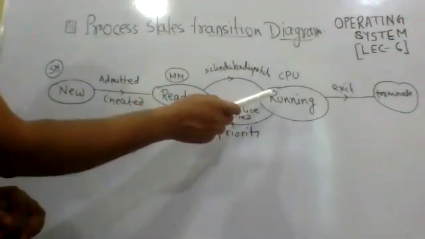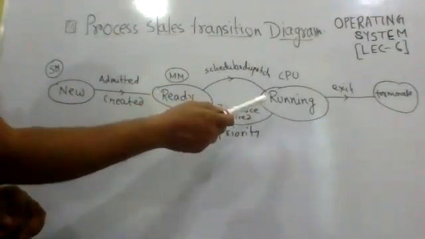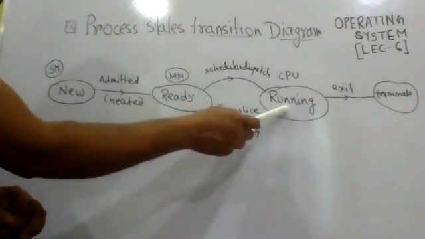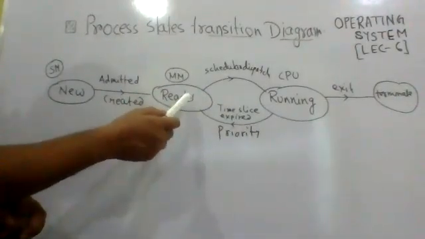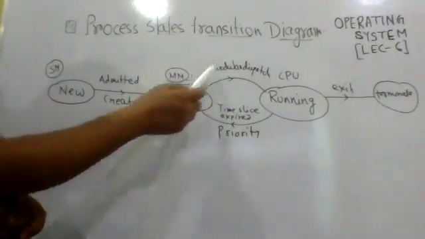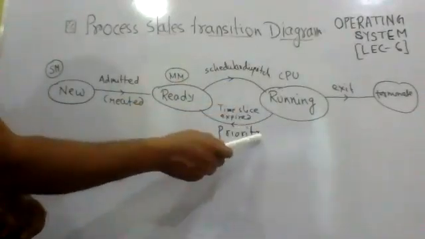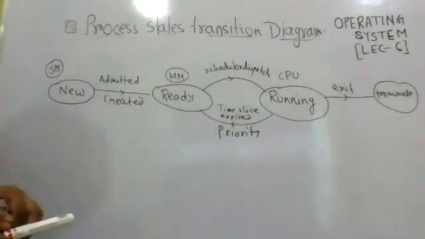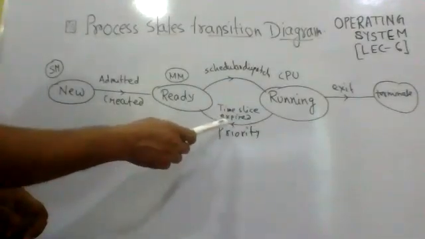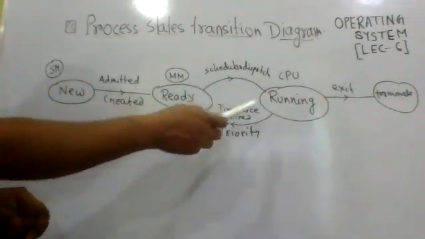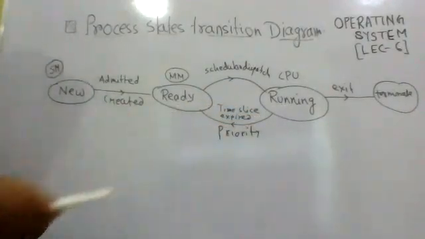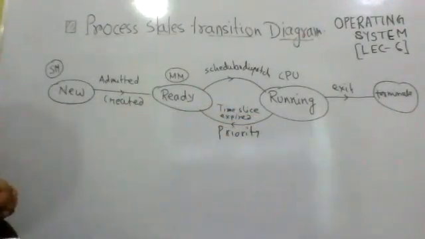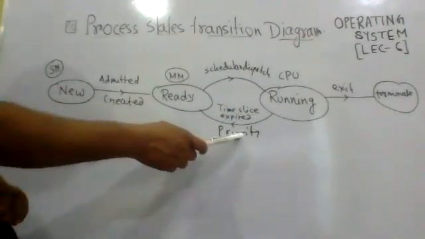Obviously we have to stop the currently running process and put it into the ready queue, and schedule the highest priority process in the CPU. That's why this is priority. In this case we switch the process from the running state to the ready state. So this is another transition.